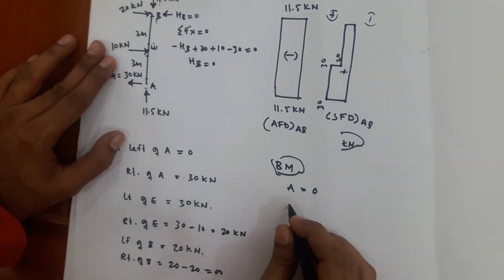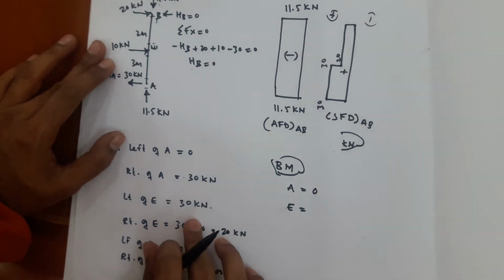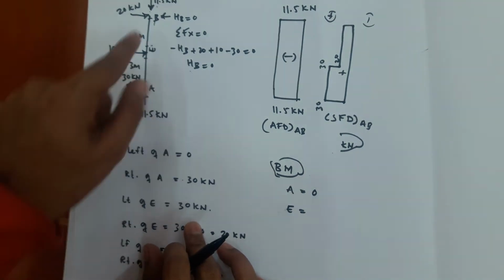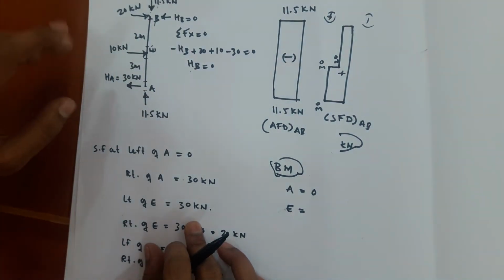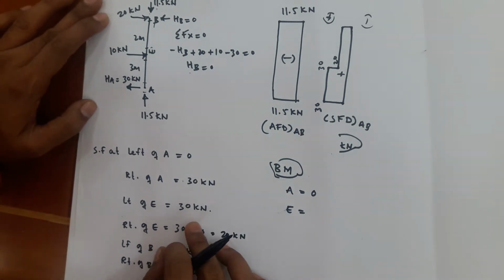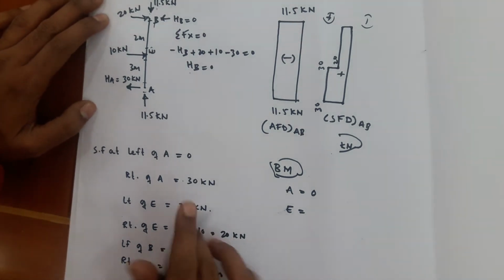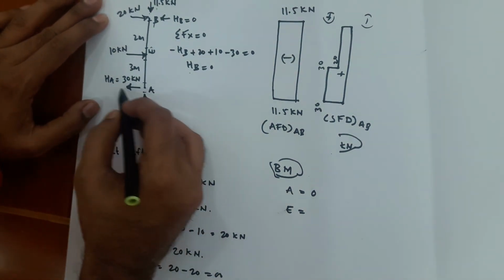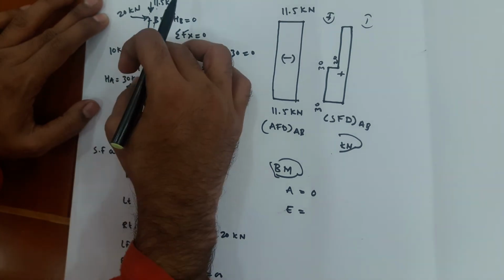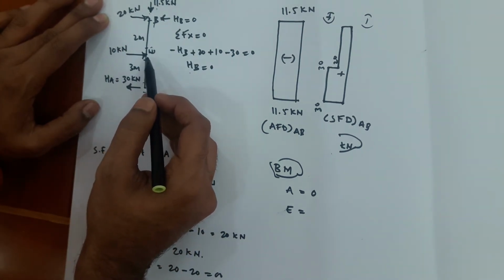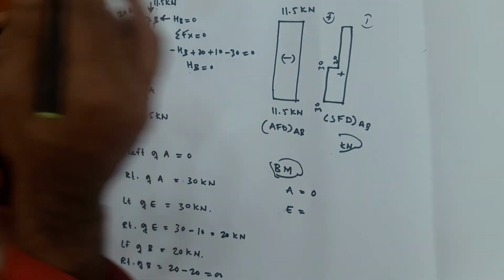Bending moment at E: we are following a direction A to E, which means left to right, so clockwise moment will be positive and anti-clockwise moment will be negative. You can see this force will not come into picture because the perpendicular distance is 0. The 30 will come, 30 into 3, because you're calculating moment about point E, and this 30 will create clockwise moment.